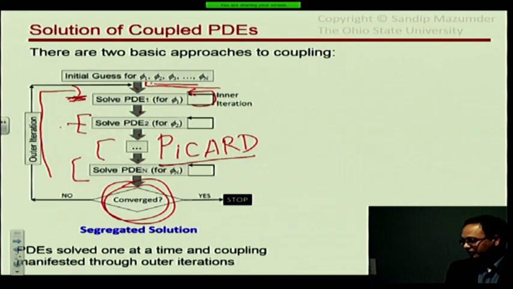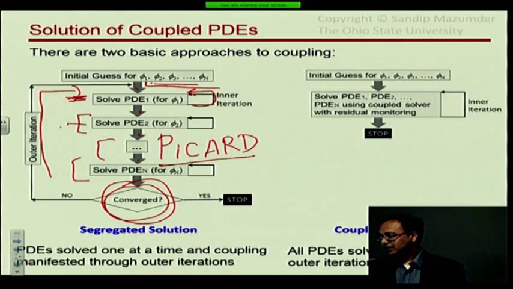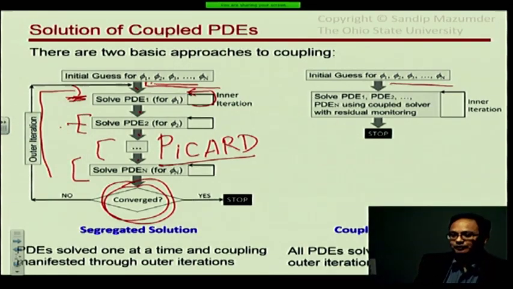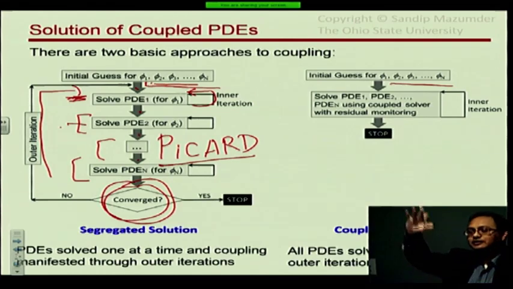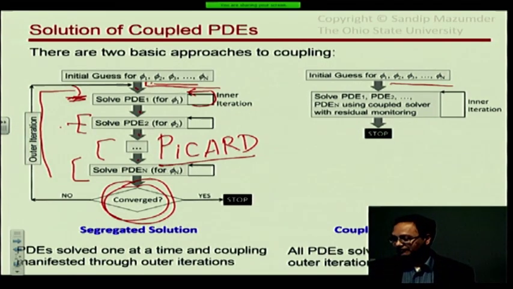The other option is you take all the PDEs combined and set up this humongous set of simultaneous equations and then solve it in one shot. Suppose I have 1 million cells. The first PDE has 1 million unknowns, the second PDE has 1 million unknowns.